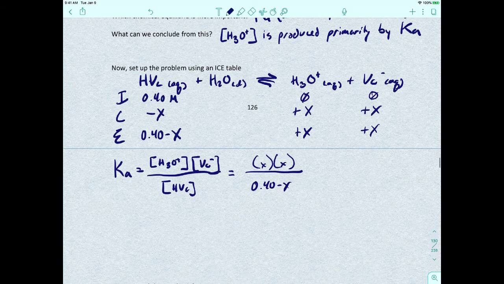So if we simplify this expression a little bit, this would be X squared divided by 0.40 minus X is equal to 8.0 times 10 to the minus fifth.